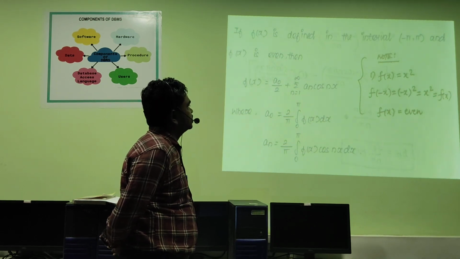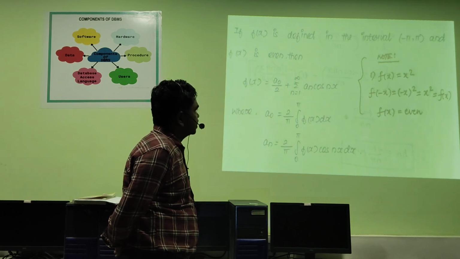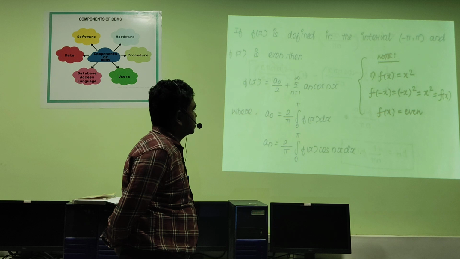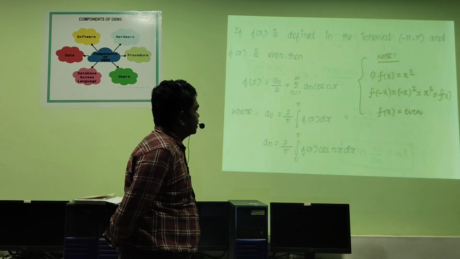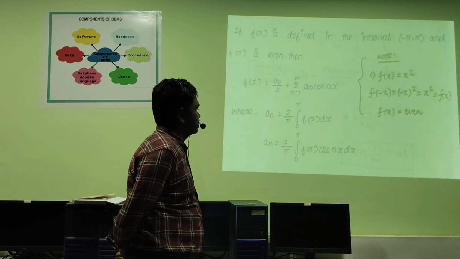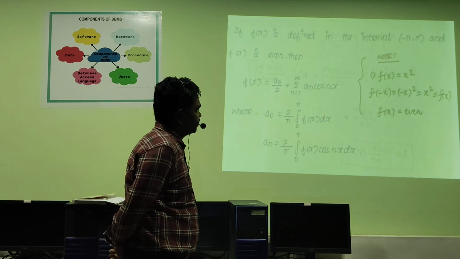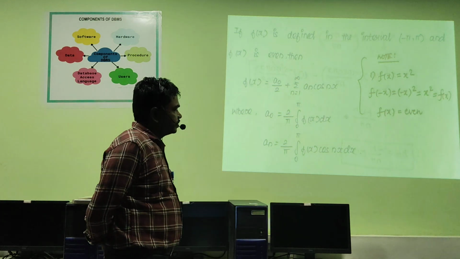Here bn is 0, that means the function is even. In the interval minus pi comma pi, the bn terms become 0, where a0 equal to 2 by pi integral 0 to pi f of x dx, and an equal to 2 by pi integral 0 to pi f of x cos nx dx.